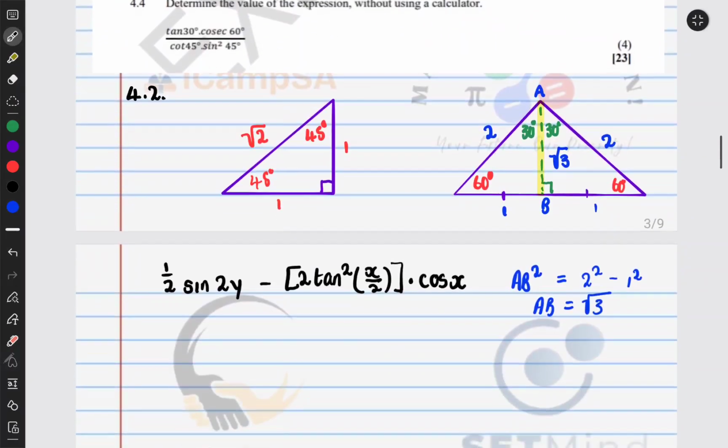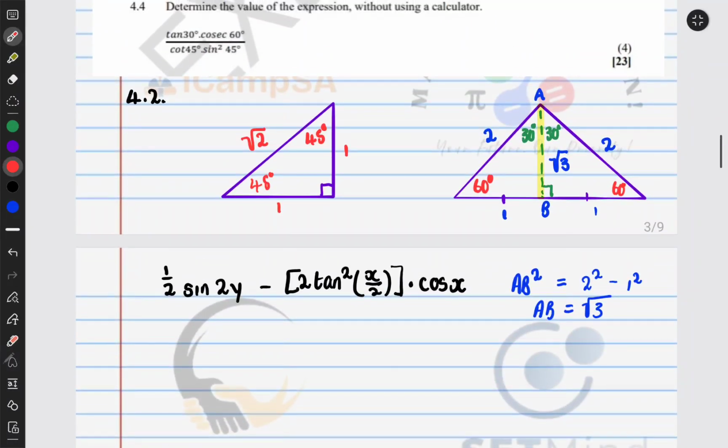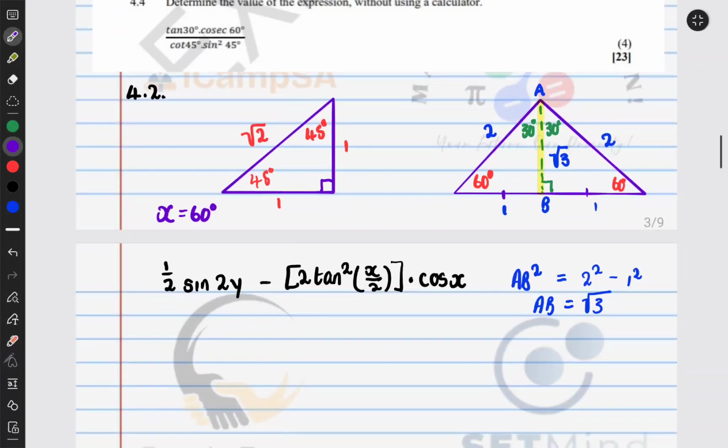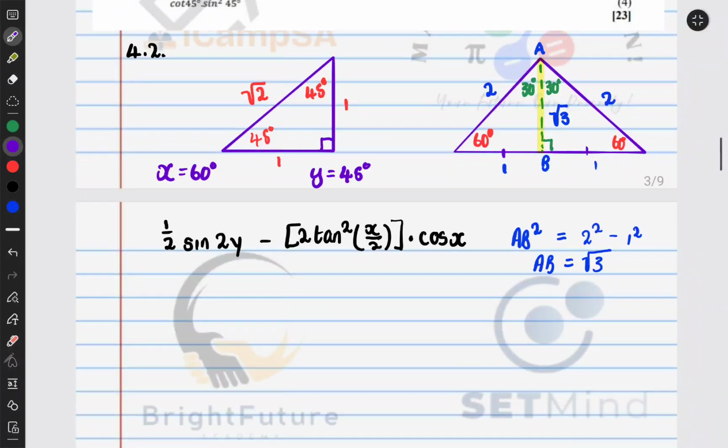And remember that x is equal to 60 degrees, and the other one, y, is equal to 45 degrees. Okay, let's go ahead and solve this one.